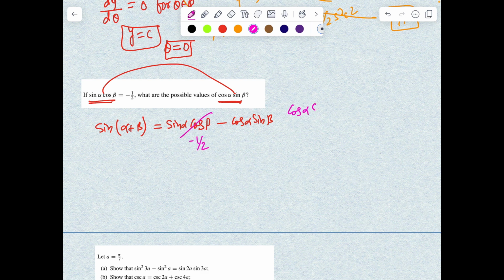So cos alpha sin beta is minus half minus sin of alpha plus beta, and this entire quantity belongs from minus 1 to 1. Hence this will go from minus 3 by 2 to half. So now I can tell this belongs to minus half to 3 by 2.